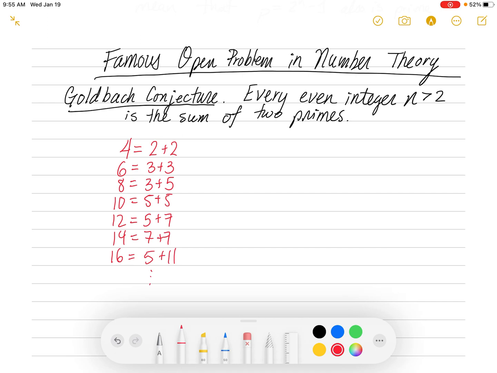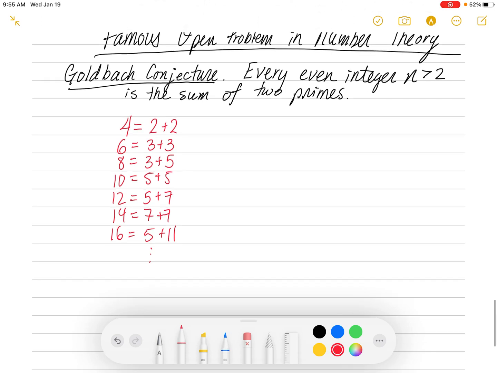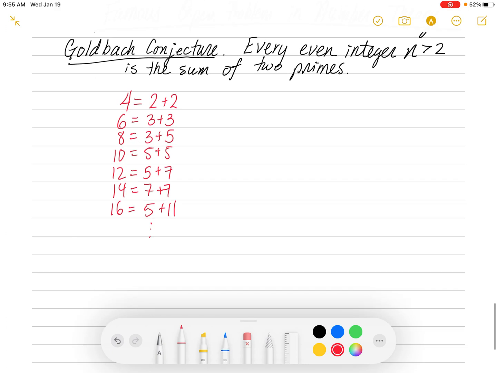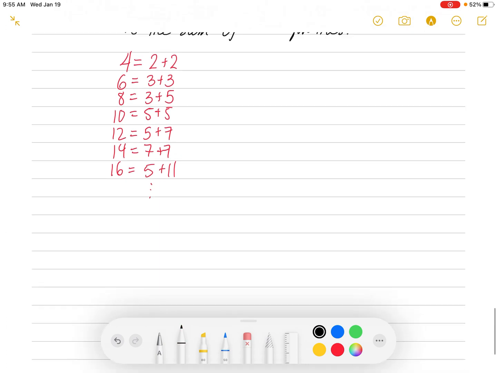So people have checked the even integers from 4 on up for millions and millions, maybe billions of even integers. They've shown it's a sum of two primes. But is it true in general? We still don't know. And if you can prove it's true or prove it's false, you would solve a problem that has been open for several hundred years.